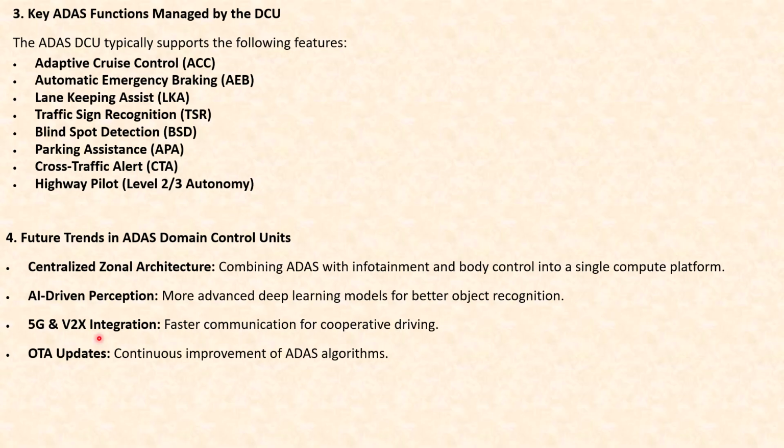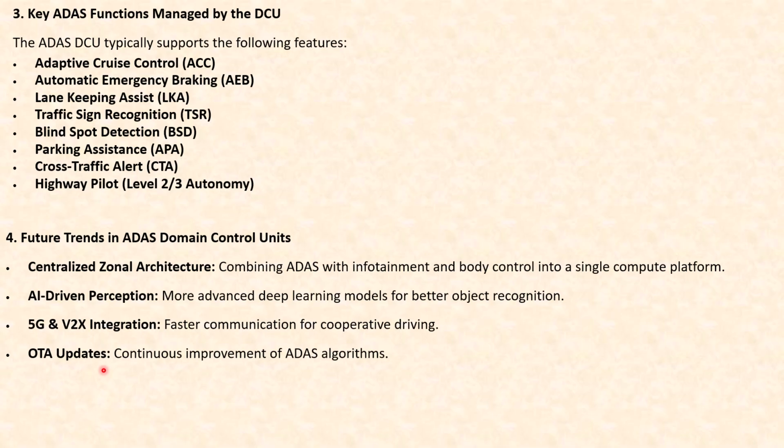Next, of course, the 5G and V2X integration, faster communication for cooperative driving. Now, in the entire tutorial, this V2X integration has been explained several times. It's nothing but communicating with the other vehicle or the infrastructure or the pedestrian or a mobile in the vicinity.